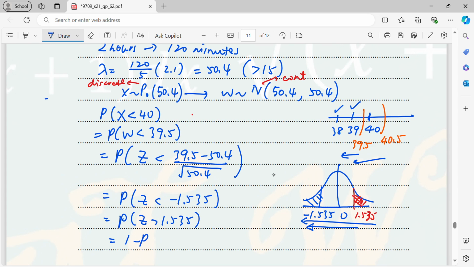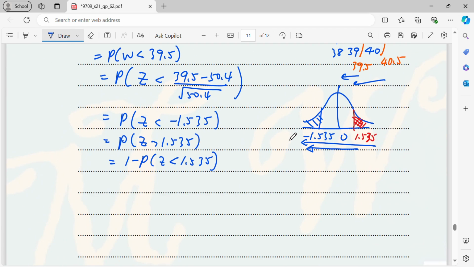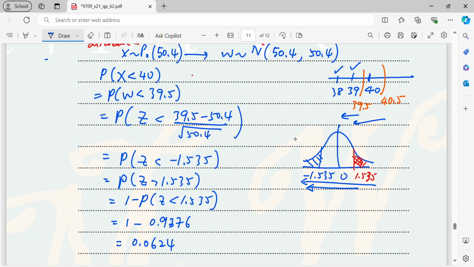That is 1 minus P(Z less than 1.535), the working for this calculation. Now get the probability from the table: 1 minus 0.9376, and at last you will get 0.0624. This is the probability correct to 3 significant figures.